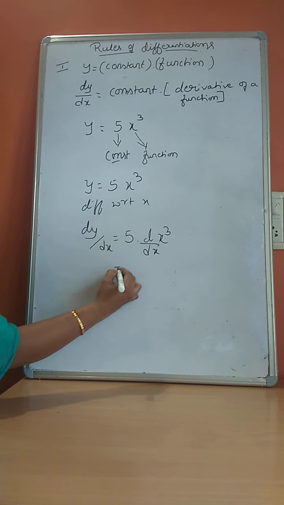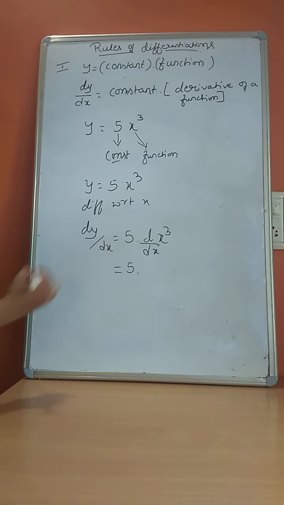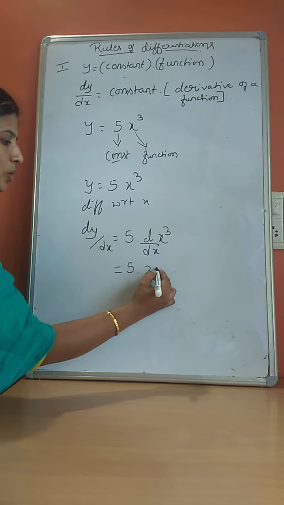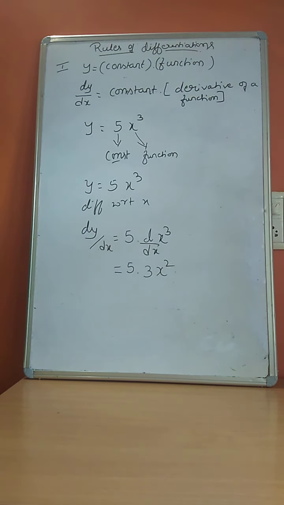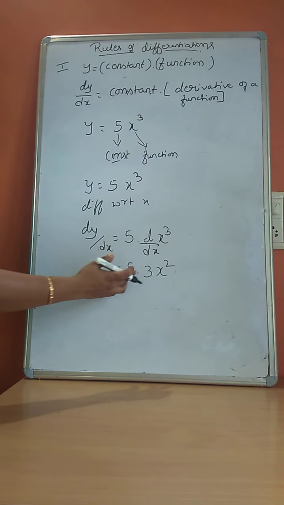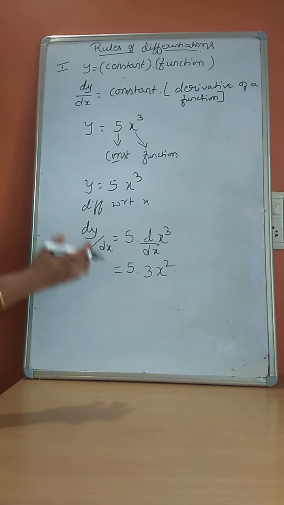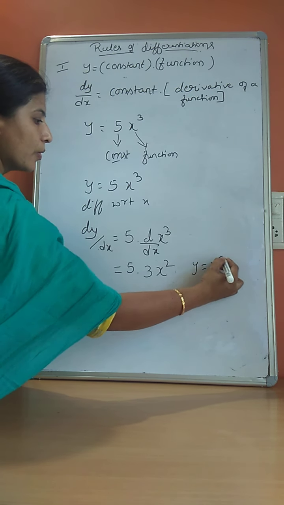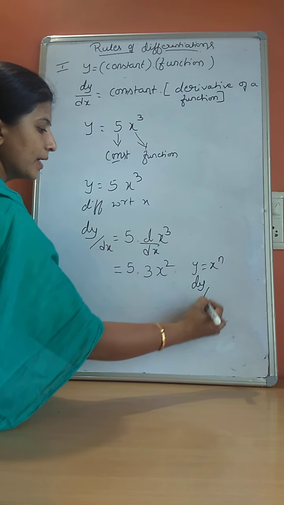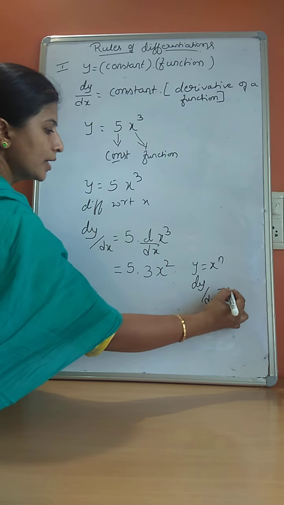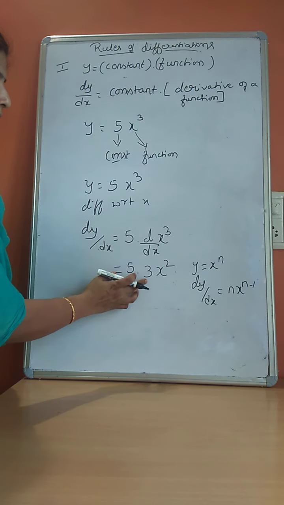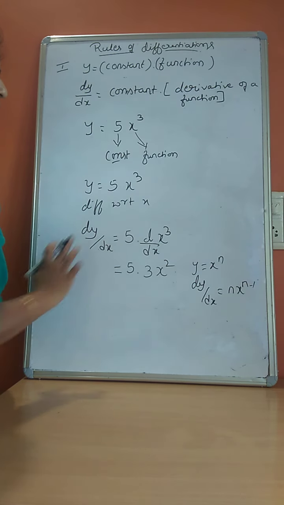That is 5 into differentiation of x cube, which is 3 into x square. As we know, if y is equal to x to the power of n, dy by dx is equal to n into x to the power of n minus 1. Here n is 3, n minus 1 is 2.